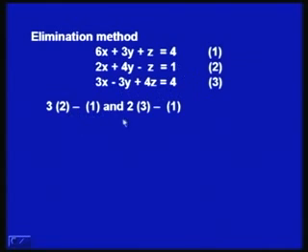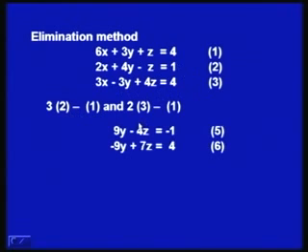So, if we do this simplification, then we have 9y minus 4z is equal to minus 1, while the second operation gives us minus 9y plus 7z is equal to 4. Then one can add equations number 5 and 6.